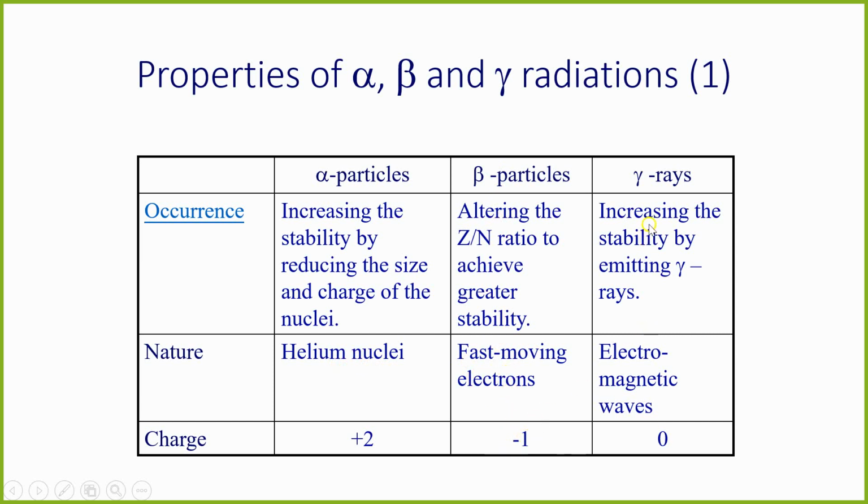As it relates to gamma rays, by now I think we know that it is essentially like light. Gamma rays are pretty much electromagnetic waves being emitted, and they don't have any charge. So these are some of the things that we must be able to identify. Let me know if you have any questions or want me to clarify anything.